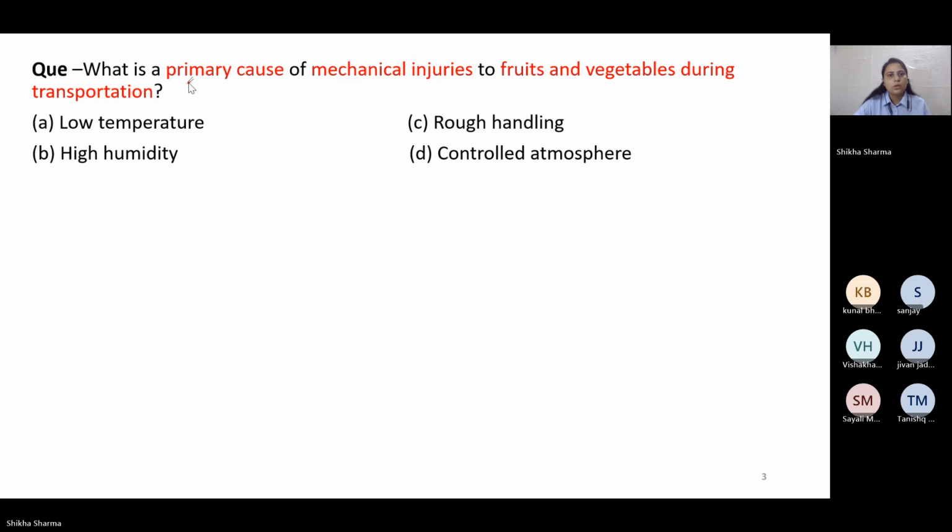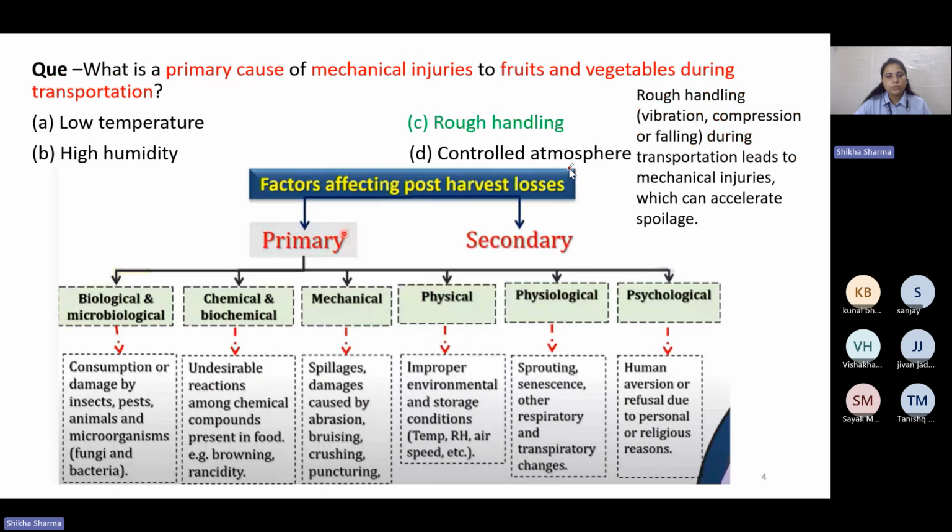Option A is low temperature, B is high humidity, C is rough handling, and D is controlled atmosphere. Let's discuss the solution. Option C is correct, which is rough handling.